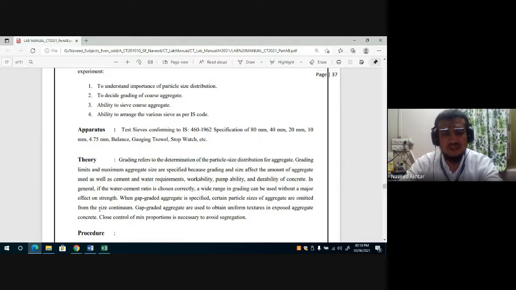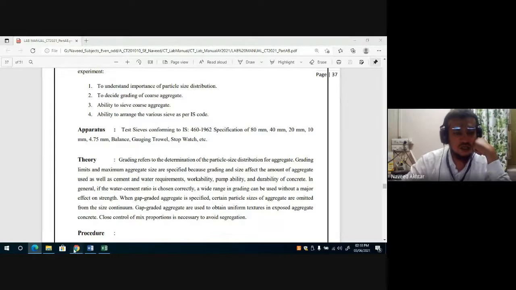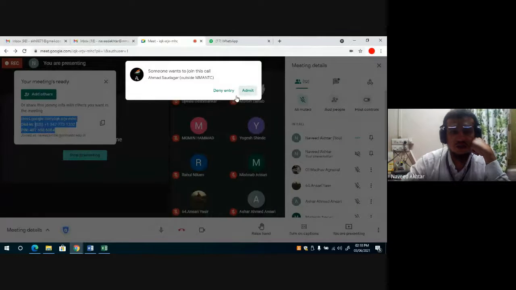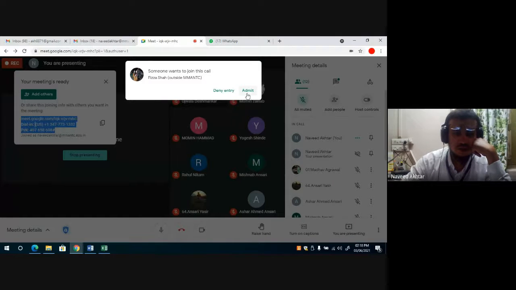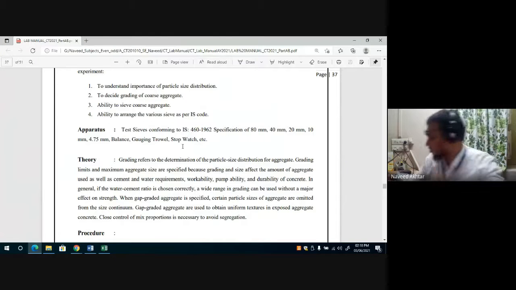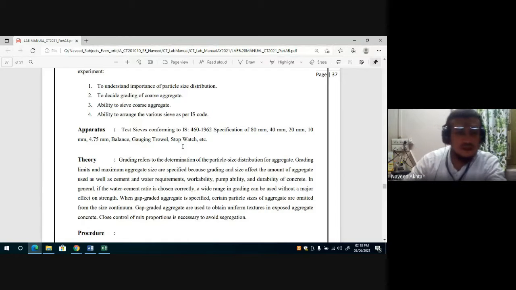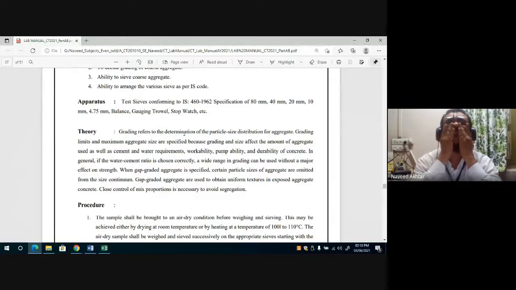And why are we doing the grading? Grading is needed when we have to get full compaction of your aggregate. So the next particle size will fill the gap of the above particle size.